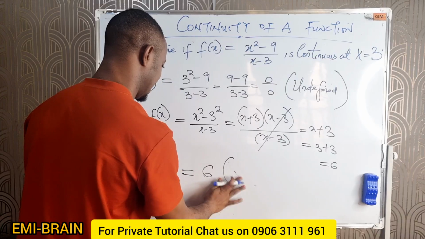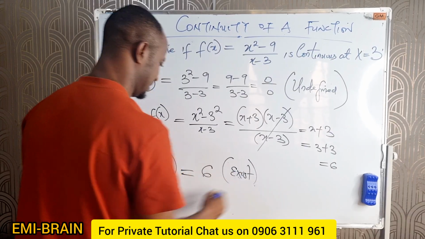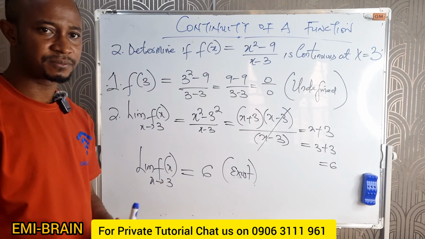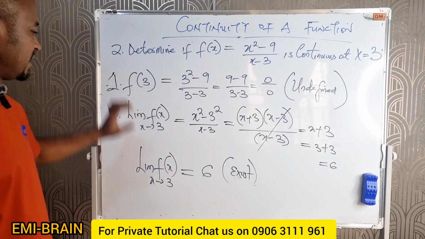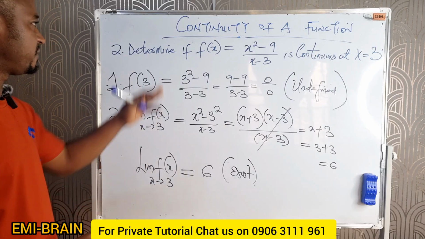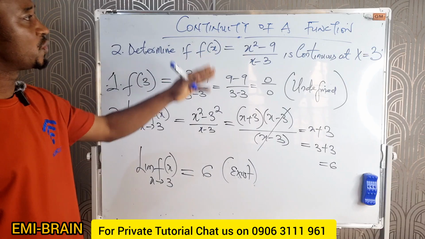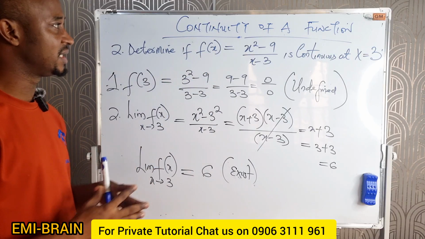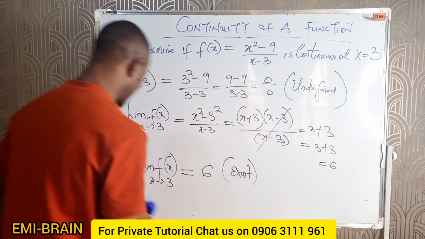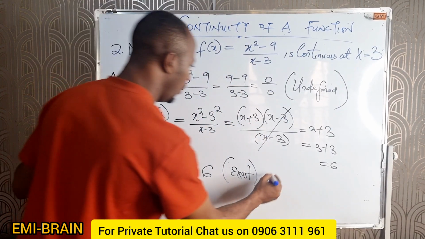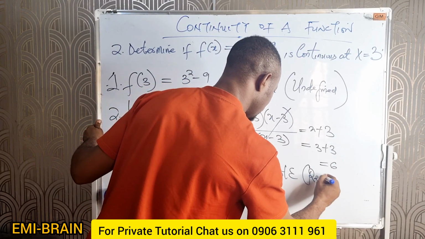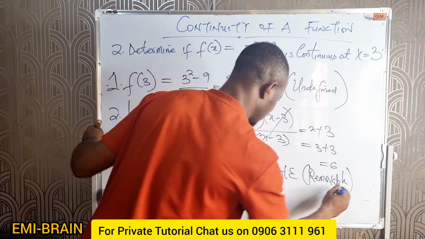This limit actually exists, but f of 3 is undefined. So since f of 3 is not equal to the limit of f of x, the function f of x equals x squared minus 9 divided by x minus 3 is not continuous at x equals 3. We call this type of discontinuity a hole discontinuity, also called a removable discontinuity.